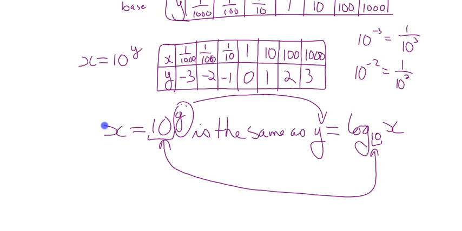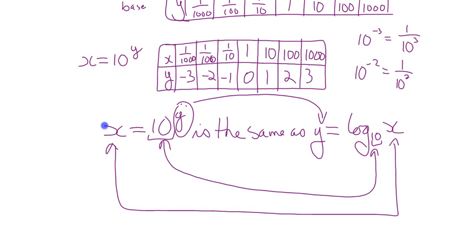And see this x and this x? They're the exact same thing. So when we see y equals log base 10 of x, we can convert that to x equals 10 to the power of y. When we see x equals 10 to the power of y, we can write that as the log base 10 of x is equal to y.